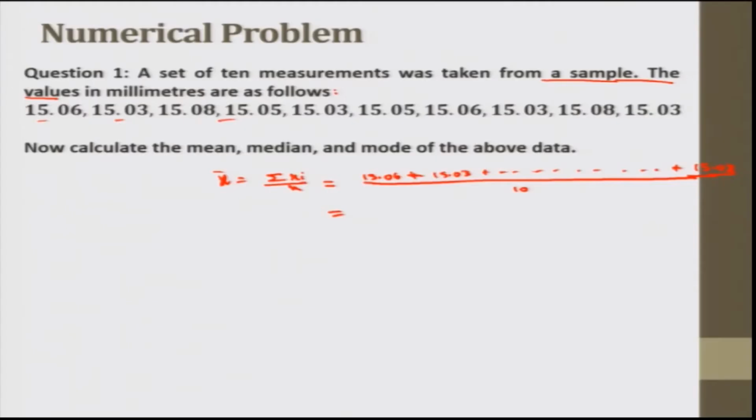I can subtract 15 from each and just take the mean of 6 plus 3 plus 8 plus 5 plus 3 plus 5 plus 6 plus 3 plus 8 plus 3. I can take the mean of only these values as well. That can also be done. But okay, I have just put in the values. The sum is actually 50 by 5, so it is 15.05 millimeters.